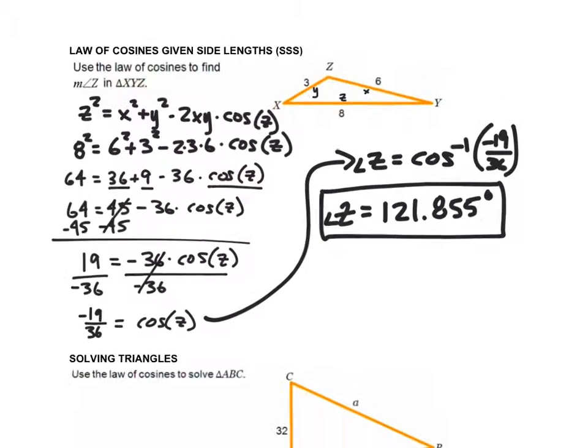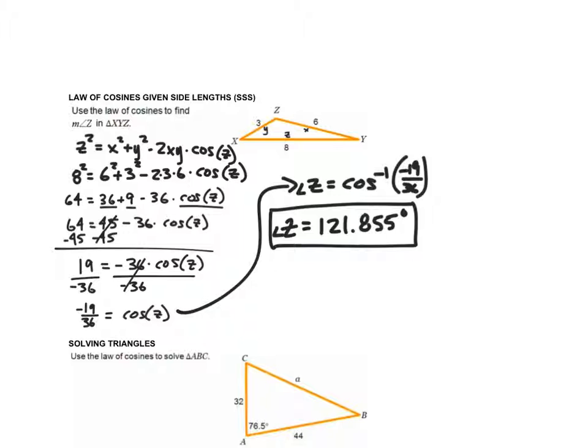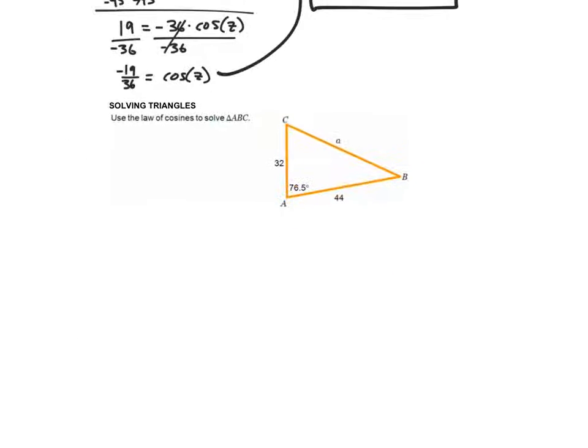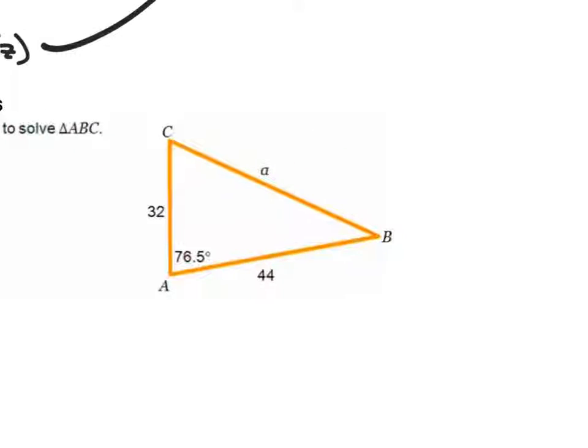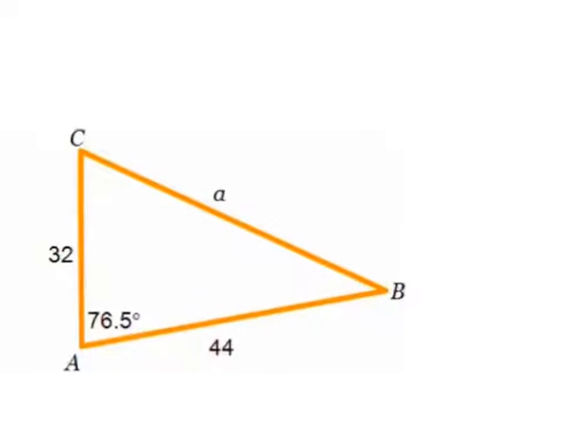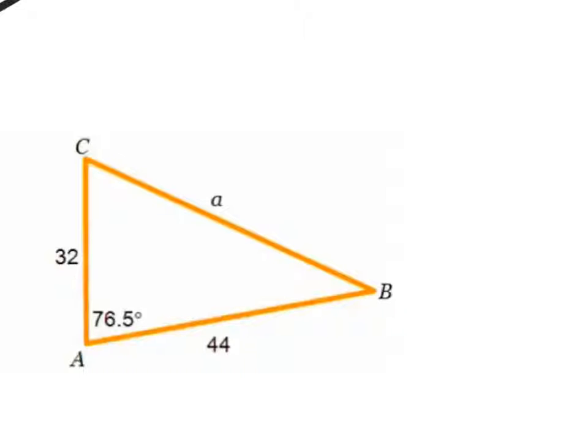All right, so that's how we would use law of cosines. The next one, we want to use law of cosines to find all the other angle measures and all the side lengths. So let's write out what we already know.